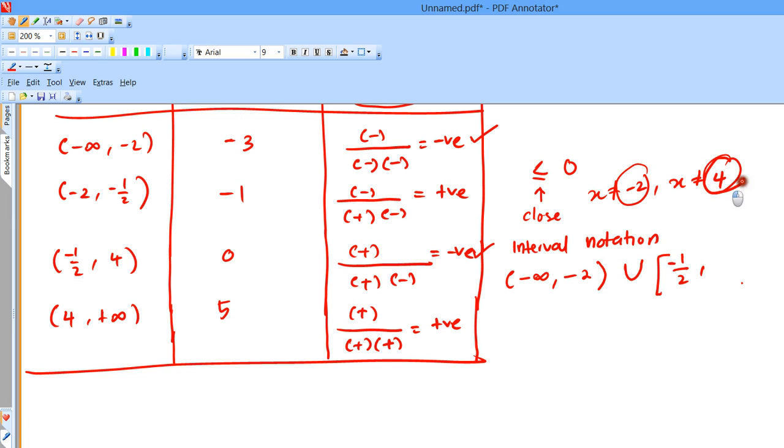Here 4 is also a critical value, x must not equal 4, so for 4 we will use an open bracket.